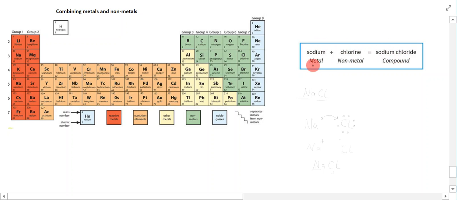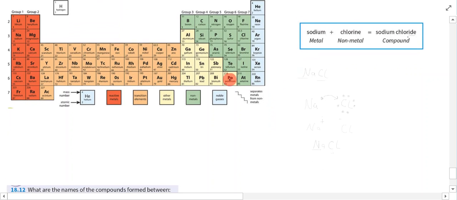You start off with the metal name, which is sodium, and you end with the non-metal name, which is chlorine, and then you add in this IDE at the end. So it's the metal first, then the non-metal, and then you change the end into IDE. So it becomes sodium chloride.